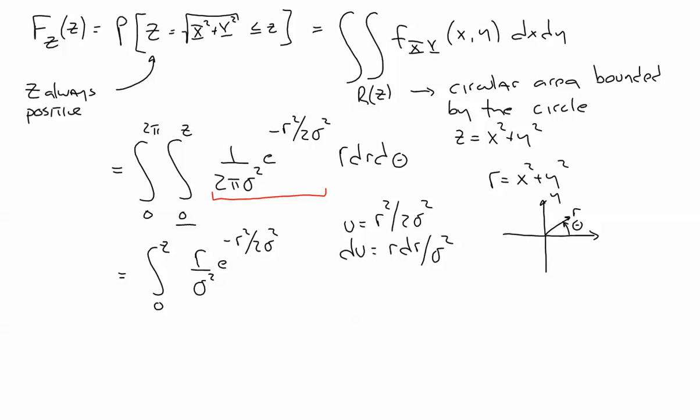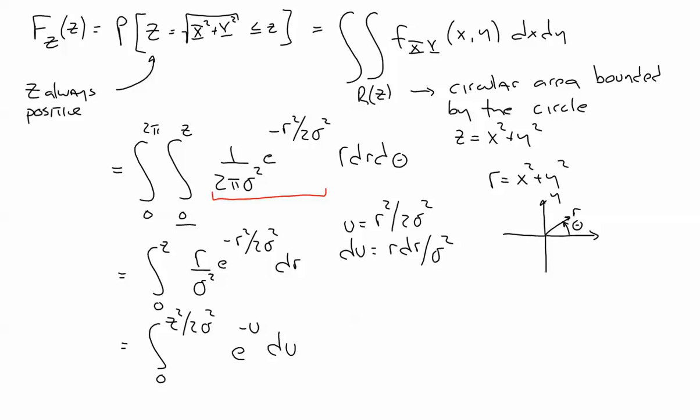Let's make that an r dr. Now we'll do my change of variables. And this becomes integral from 0 to z squared over 2 sigma squared e to minus u du.